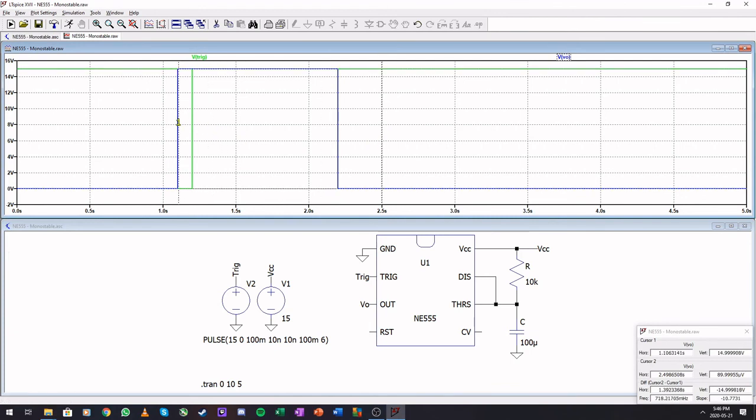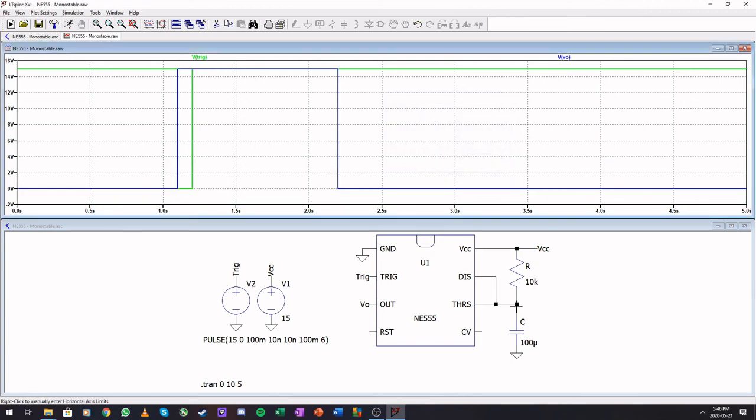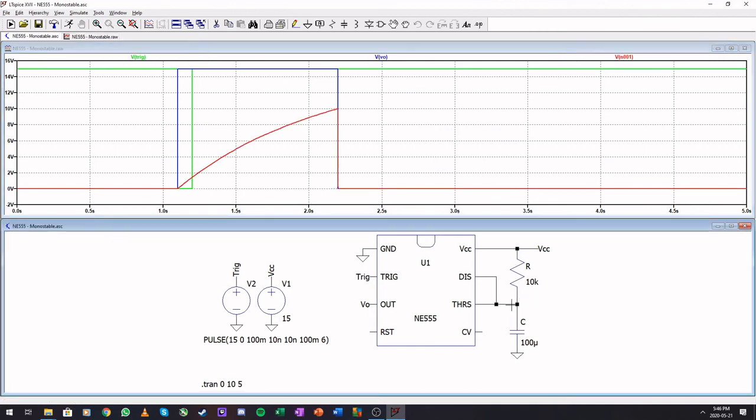So we can quickly get our measuring here, and 1.1036 seconds. So that is very, very close.